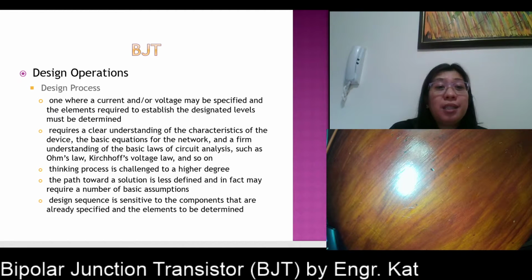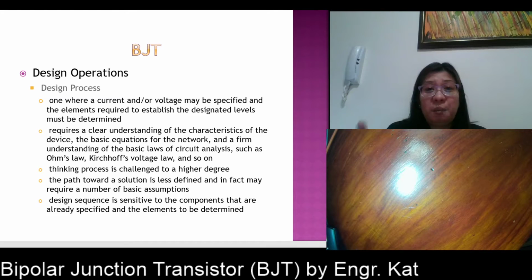The design sequence is sensitive to the components that are already specified. Unlike the previous circuits we have discussed, there is no fixed pattern of solving for IB first, then IC. It depends on what is given, what is specified. The elements that will be determined depend on what is really given in the circuit.